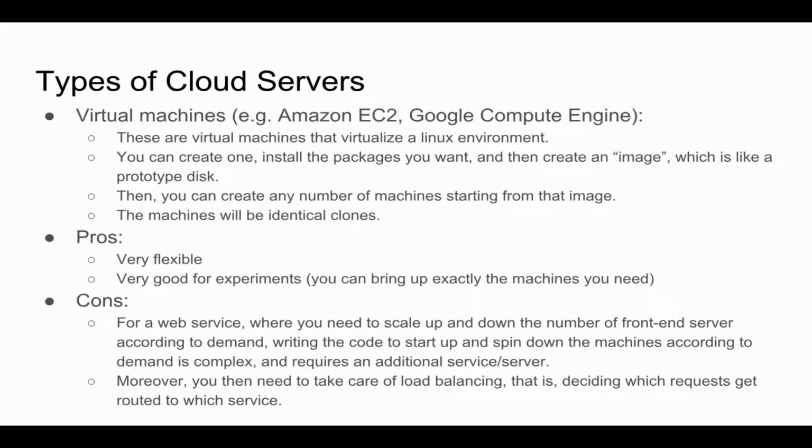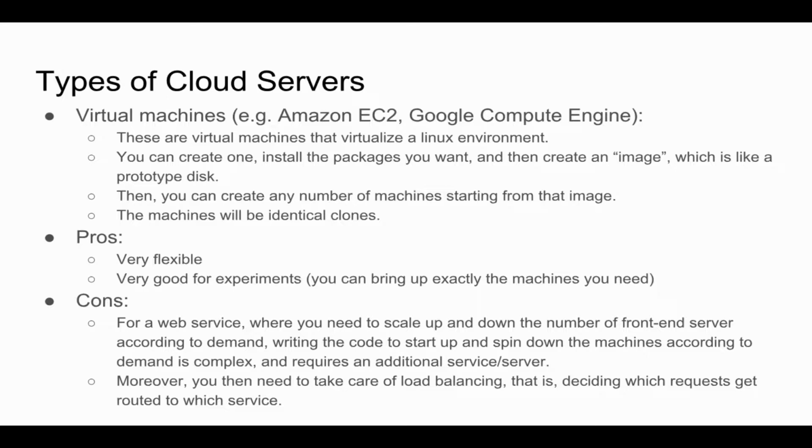The con is that these machines are still created and shut off individually. So it's very nice if you want to control individually what goes on, but it's a little bit less nice if what you want to do is build a scalable cloud service.